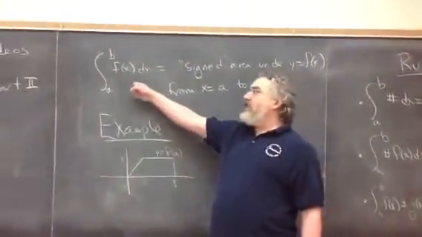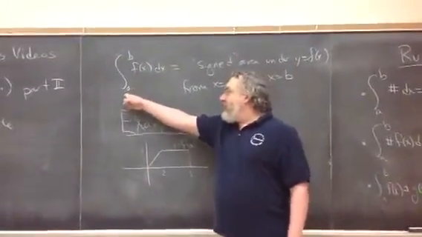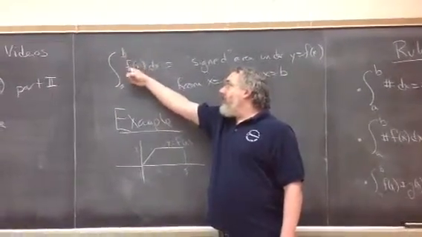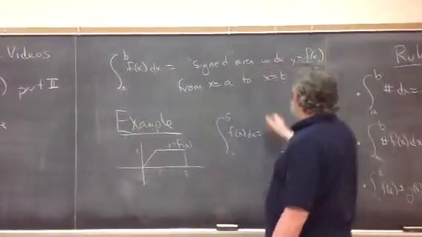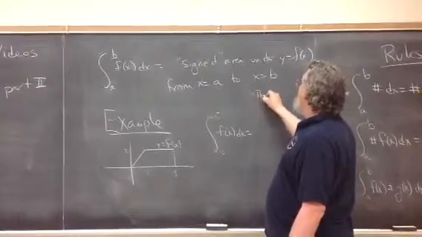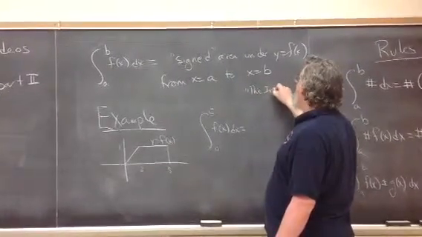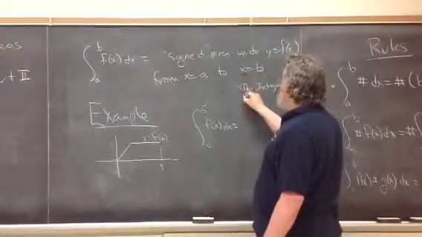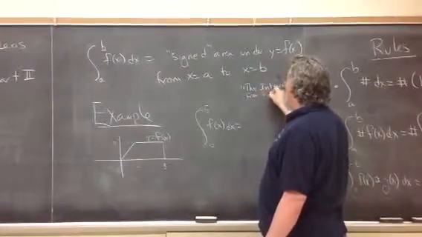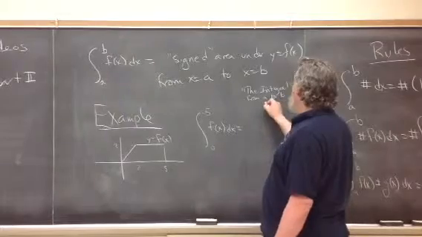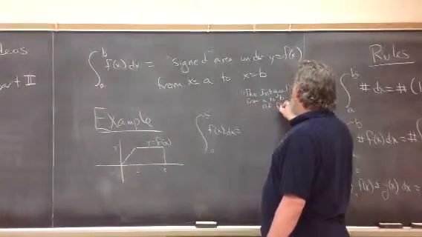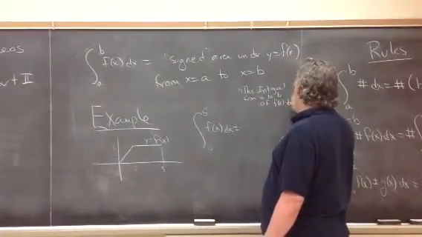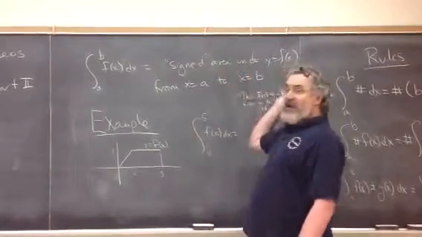So we're going to use this notation. The integral from a to b of f of x dx. Maybe I should write that out. The integral, that's a g, from a to b of f of x dx, it's the signed area.